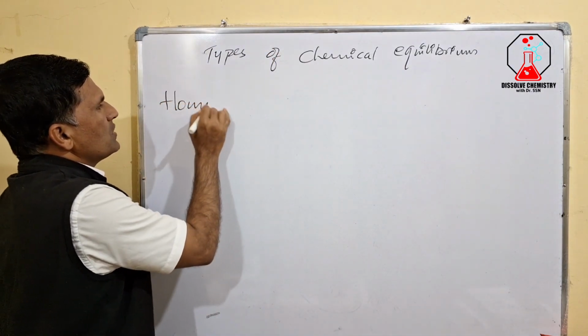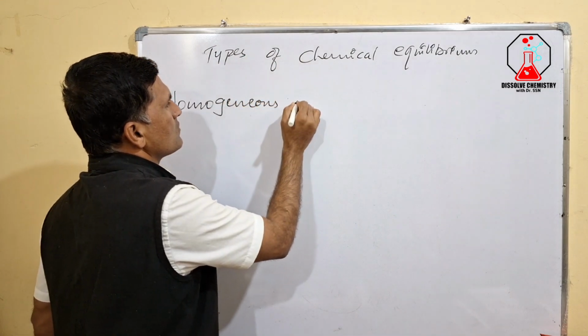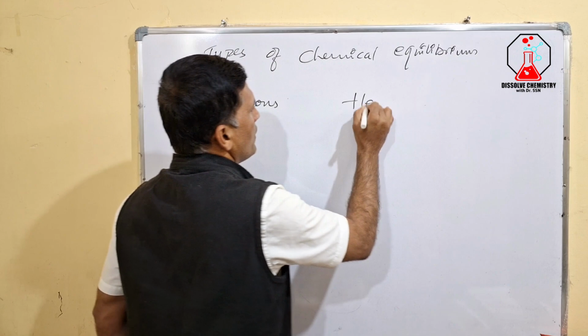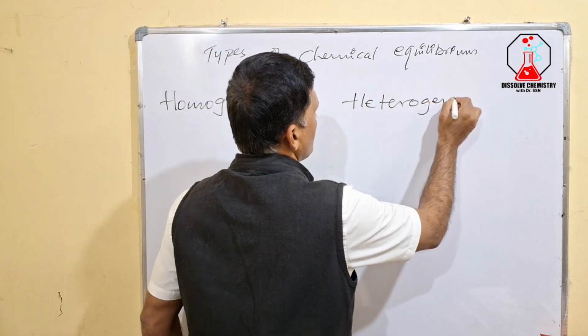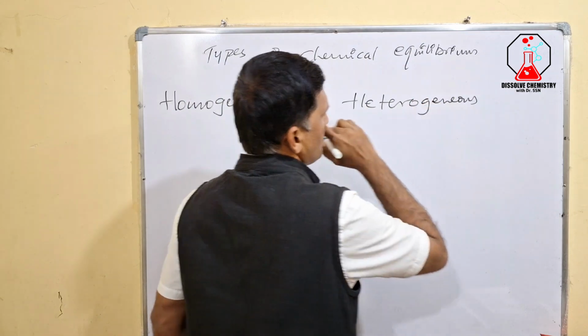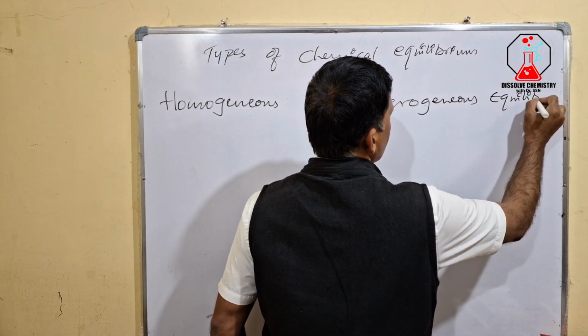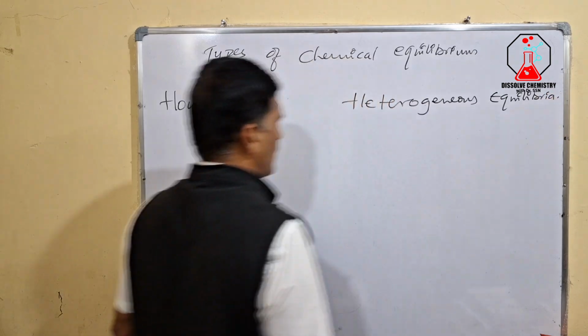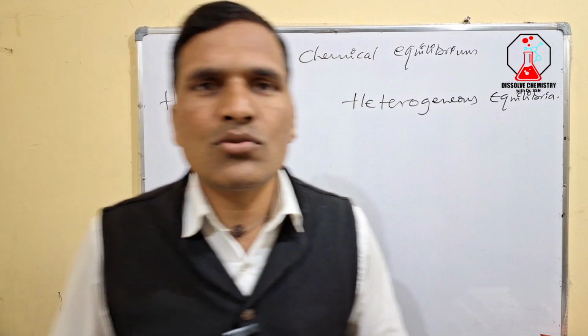One is called homogeneous equilibrium and another one is called heterogeneous equilibria. On what basis are we categorizing them into two classes?